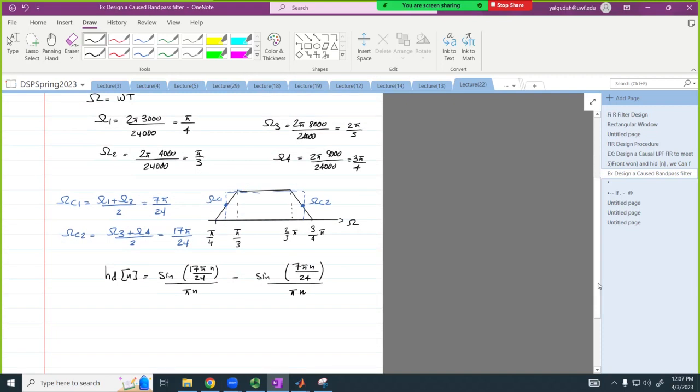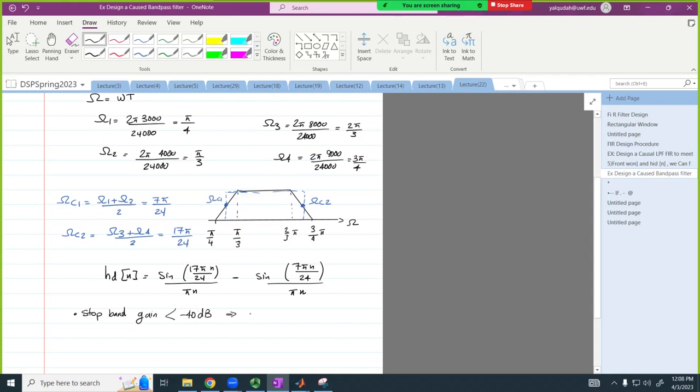So next, we want the stop band attenuation to be 40 dB, or the stop band gain to be less than negative 40 dB.